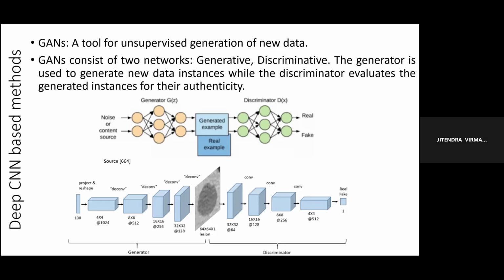Now this output of the generator network, which is a fake image looking like a real image, is going to be fed to a discriminator network. This discriminator network is another convolutional neural network which has been trained with all the real and fake images, and it has been trained to predict whether the input image is real or fake.